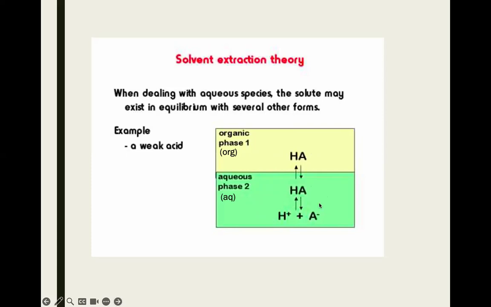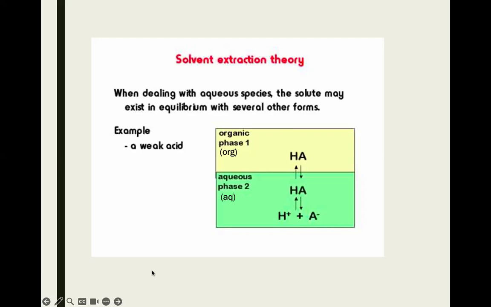It will partially ionize, so some will be in ionized form, which is H plus and the salt, and some will be in the molecule form, the neutral form. This neutral form will be transferred to the organic solvent. This is what you want. The issue is how much of the neutral molecule form of the weak acid you can get transferred into the organic phase. That's why you have to control the pH.